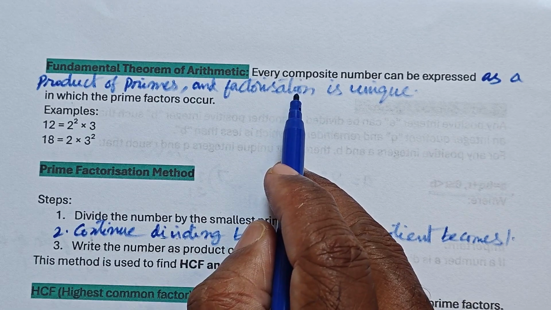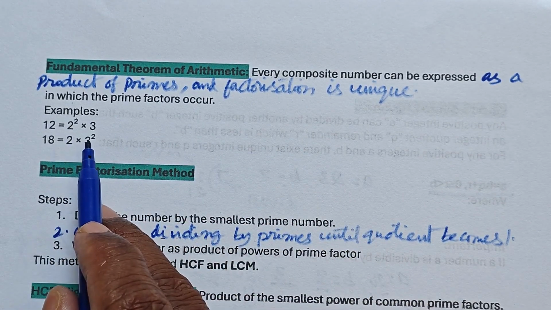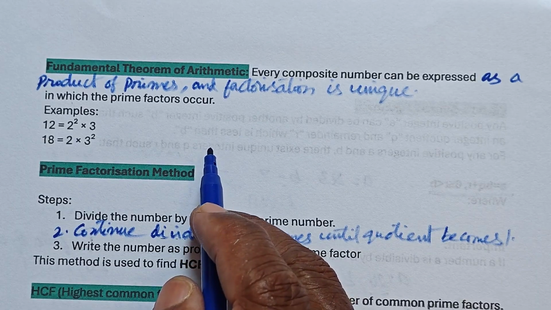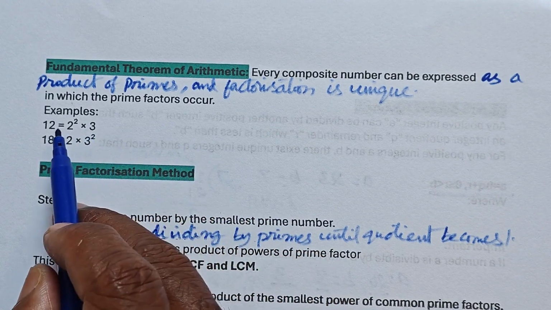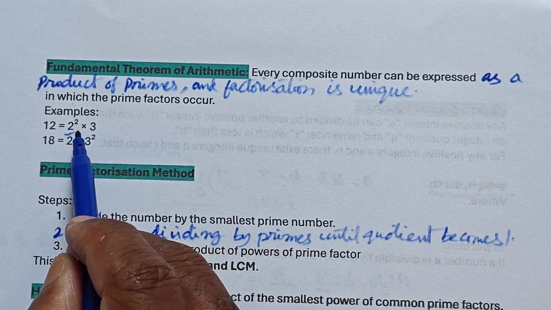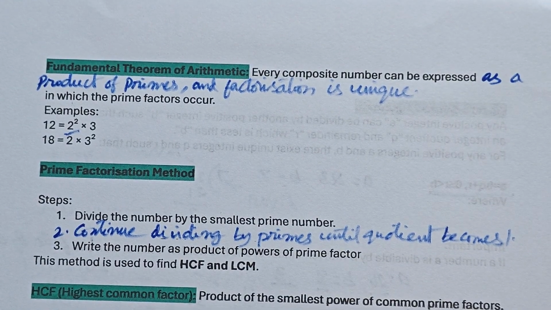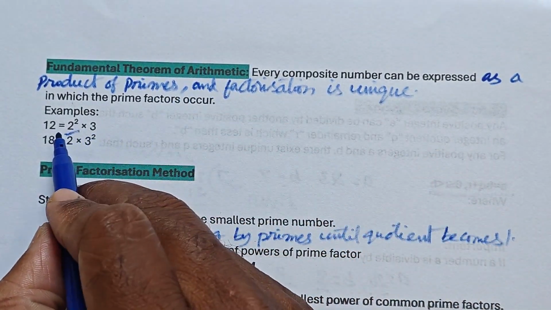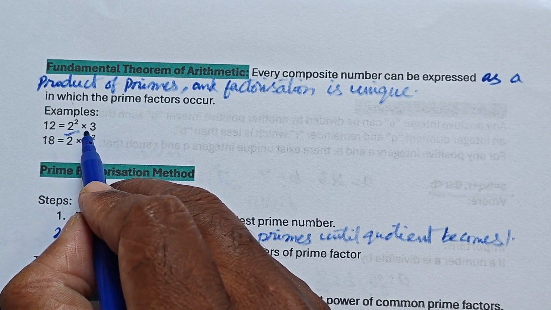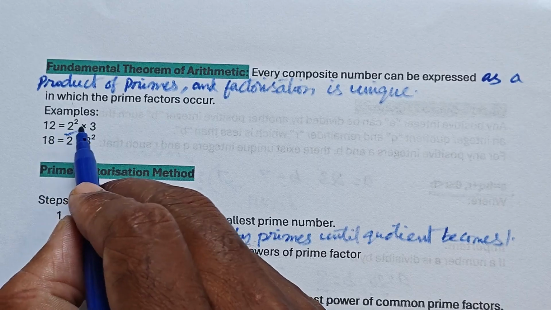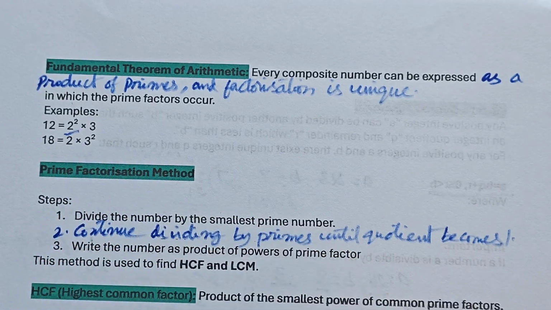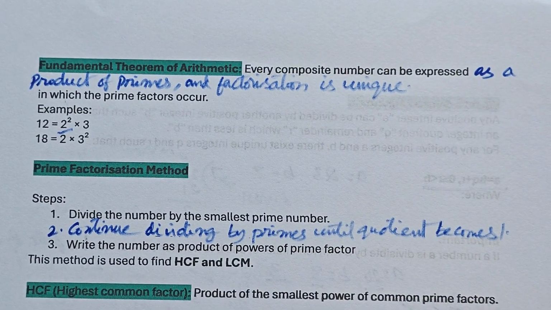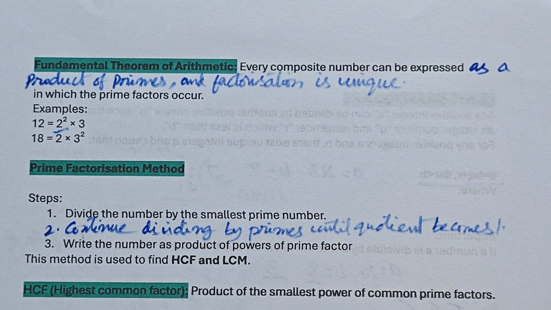Whether you write 2 square or 4, both are one and the same, but as 4 is not prime we should convert that into a prime number, like 2 square in this case. Similarly, anything that we write in prime numbers, their product and their powers, if it is a composite number, will be useful when we go to find the highest common factor or least common multiple, that we will see in the later section.